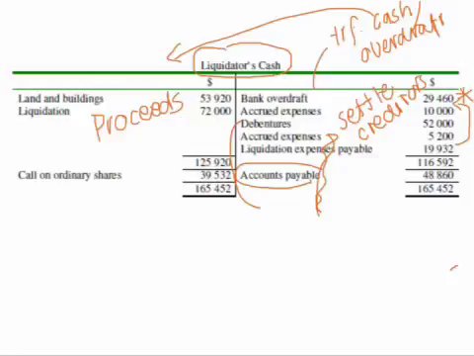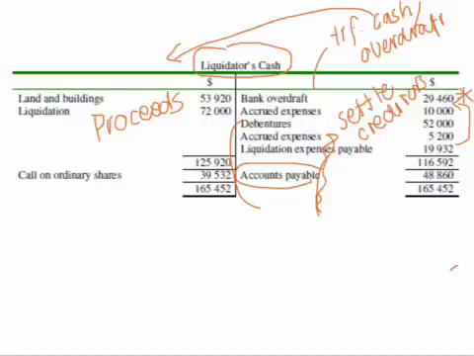Okay, so in this example, we also had a deficit on the liquidation process. Now, the shareholders are accountable to the company for the deficit in the process of liquidation if their share capital is not fully paid up.